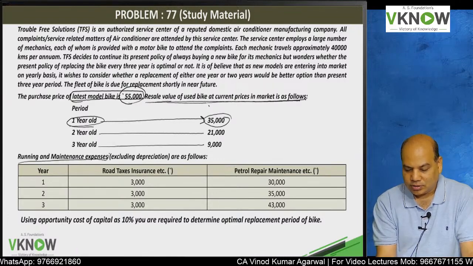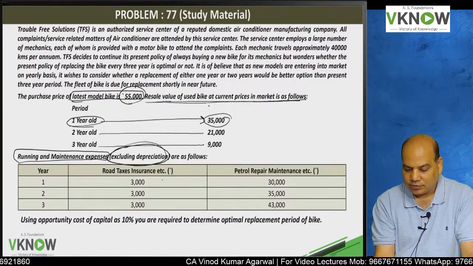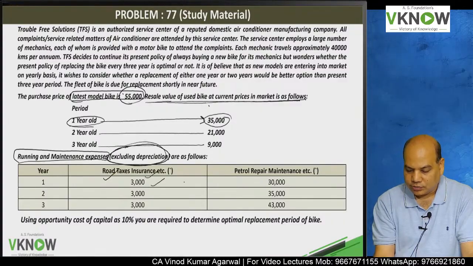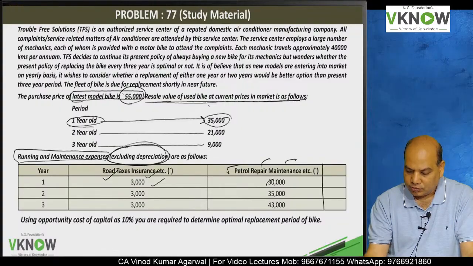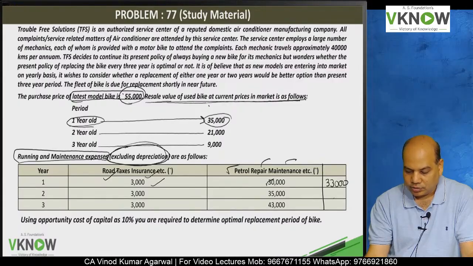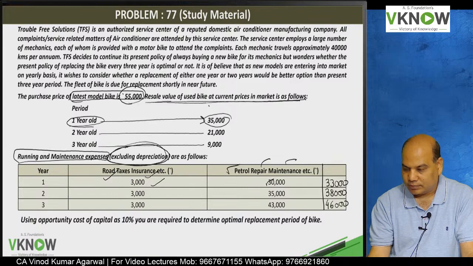Running and maintenance costs excluding depreciation, meaning cash expenses: road tax, insurance 3,000, petrol, repair, maintenance 30,000, which means you have to incur 33,000 in the first year, 38,000 in the second year, 46,000 in the third year.